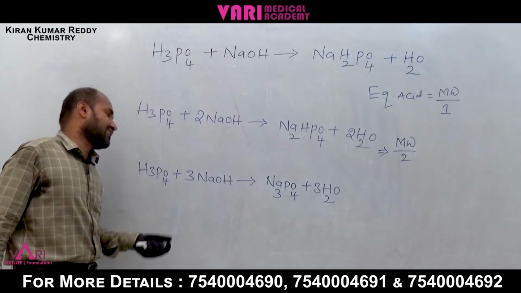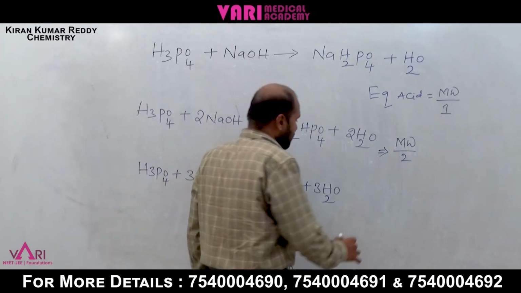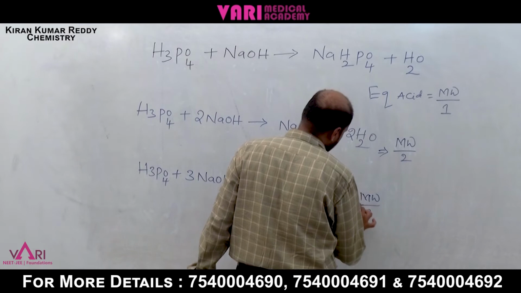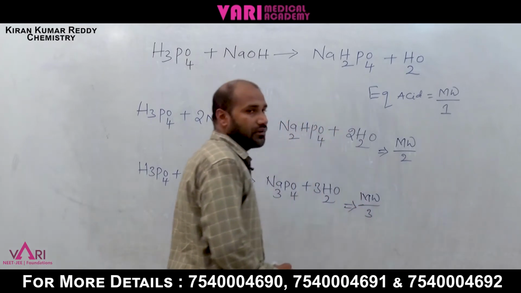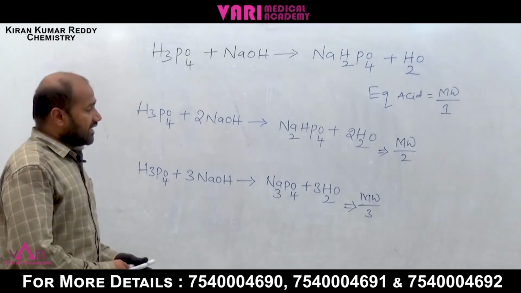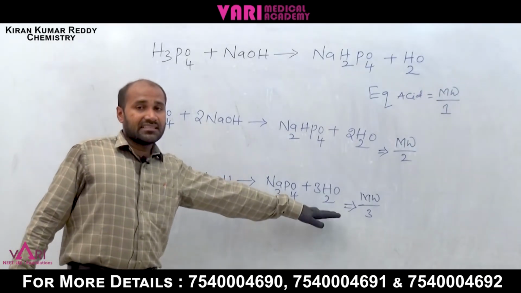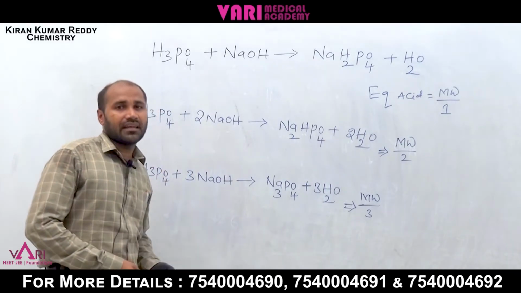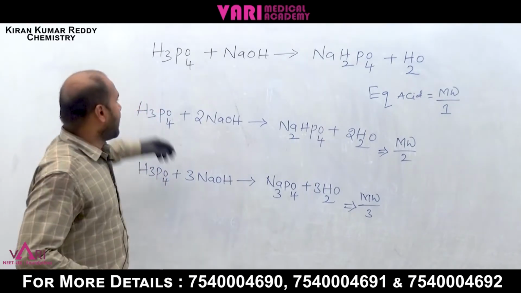That's why we write molecular weight by 3. The equivalent weight of an acid is equal to the molecular weight of the acid by the basicity of the acid. I already told you that basicity means the number of replaceable hydrogens.